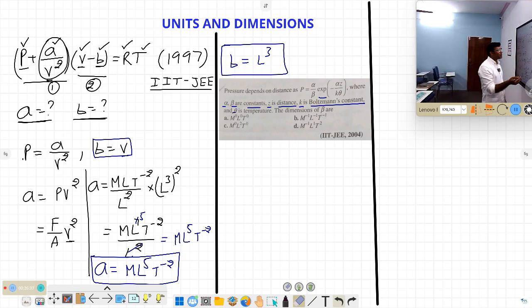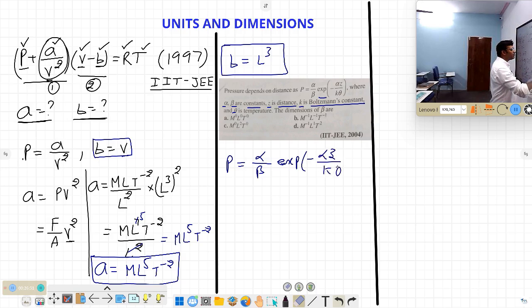If you see the equation here, first I'm writing the equation: P is equal to alpha by beta times the exponential function, that is exp, of minus alpha z by k theta. Now we need to understand that according to dimensional analysis, the exponential function does not have any dimension formula, so there is no need to take a dimension formula for it.